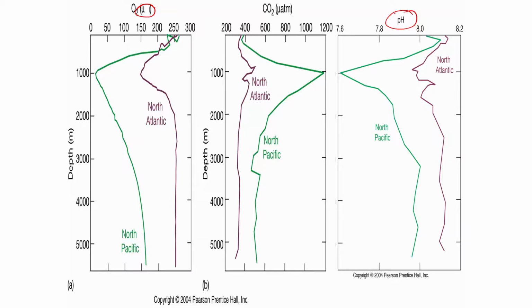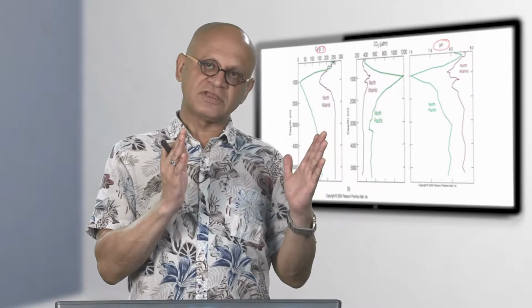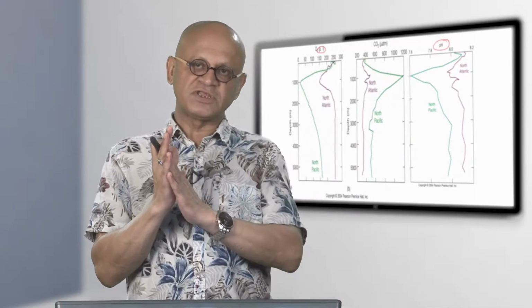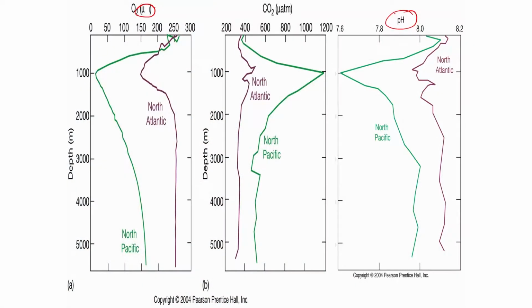So, pure water is at 7, it is considered neutral. If pH is less than 7, it is an acidic solution. If it is greater than 7, it tends to be basic, and the ocean has typically remained at 8, 8.1, 8.2 for hundreds of millions of years.